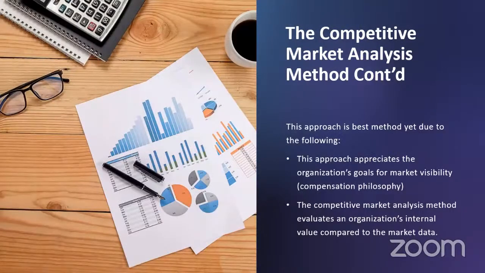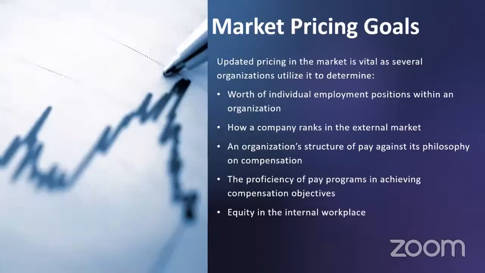Still on the competitive market analysis, this approach is the best method yet due to the following. This approach appreciates the organization's goal for market visibility, that's compensation philosophy. The competitive market analysis method evaluates an organization's internal value compared to the market data.